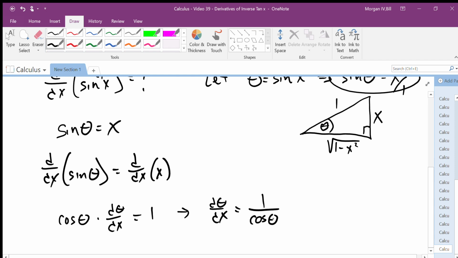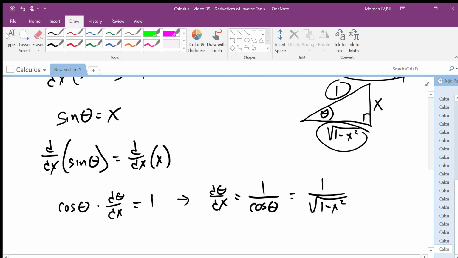And going back to my triangle, cosine is adjacent over hypotenuse, so cosine theta is the adjacent, square root of 1 minus x squared, over the hypotenuse of 1. Dividing by 1 doesn't change anything. And we get the fact that the derivative of theta with respect to x is 1 over the square root of 1 minus x squared.